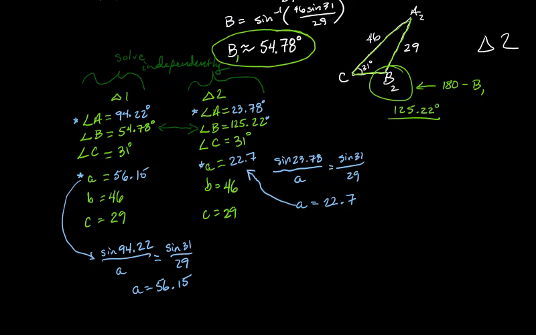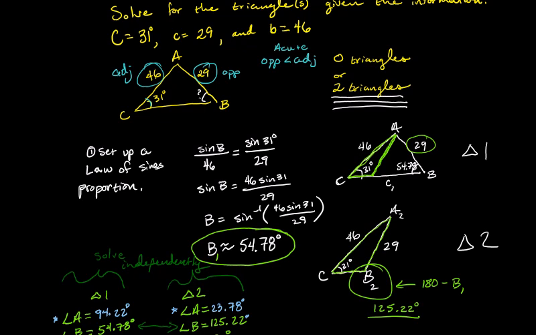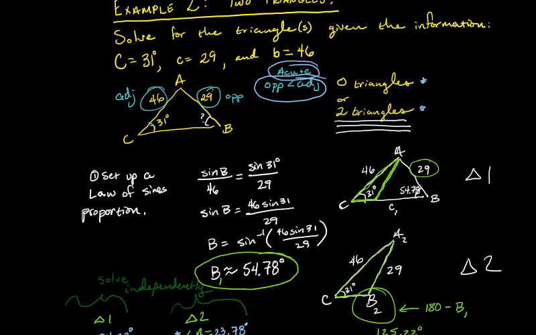Okay, so to recap, the real issue comes when you have an acute angle and the opposite side is less than the adjacent side. That's when you're either going to get 0 triangles or 2 triangles. Every other scenario is either 1 triangle or no triangles, and that will show up pretty apparently.